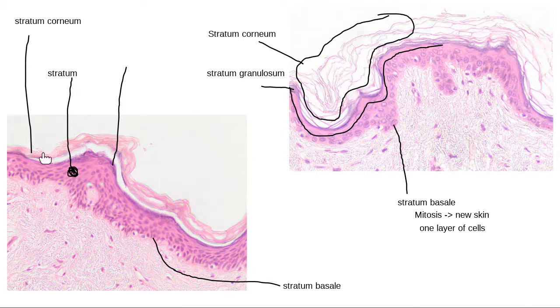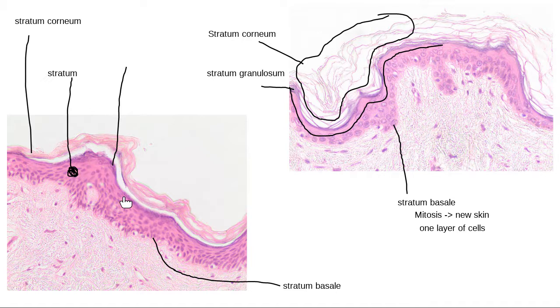So stratum corneum is all up here. So here's my come. This is thin skin, so I'm not going to have stratum lucidum. So we're not going to let us get sunburned, we're just going to get sunburned.